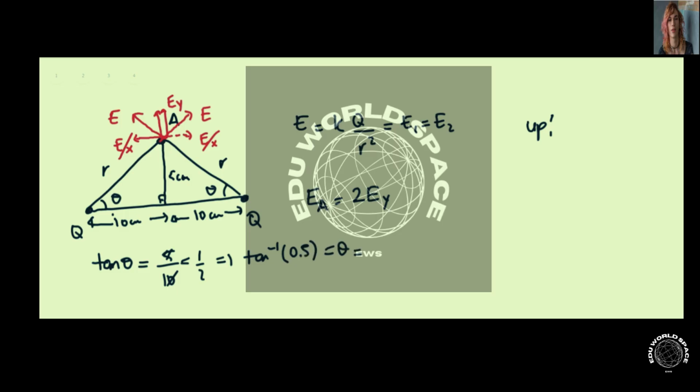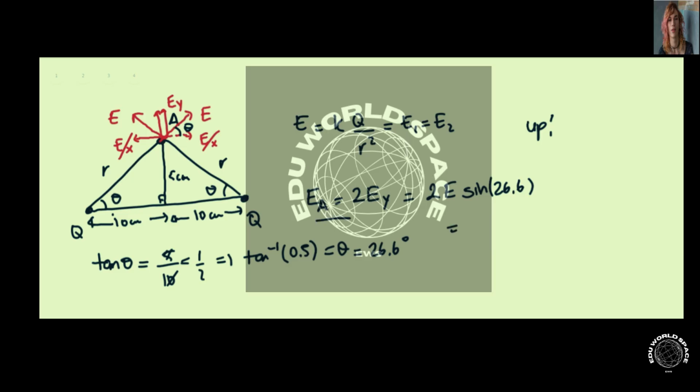From here, theta can be found to be 26.6 degrees. Then E sub y is going to be twice the electric field due to a single point charge times the sine of 26.6. Because if this is theta, then this angle has to be theta, and the sine of it is going to give us the y component.